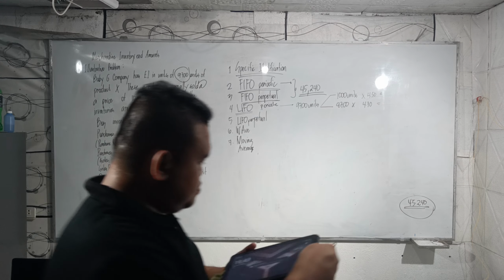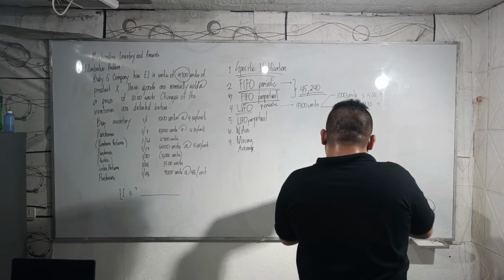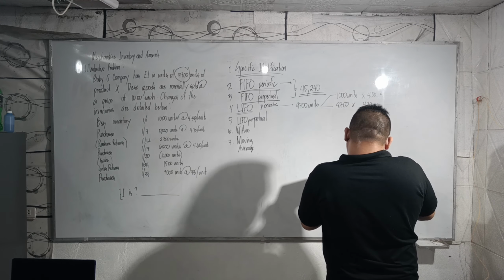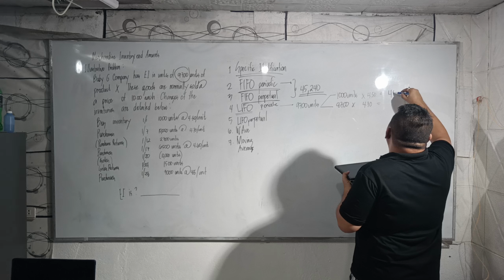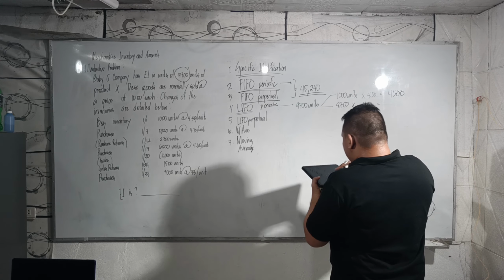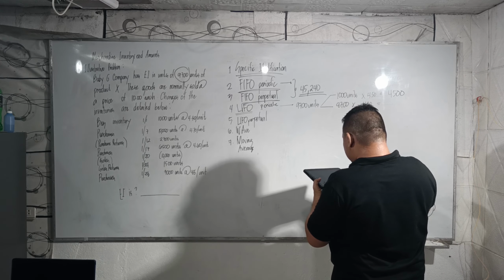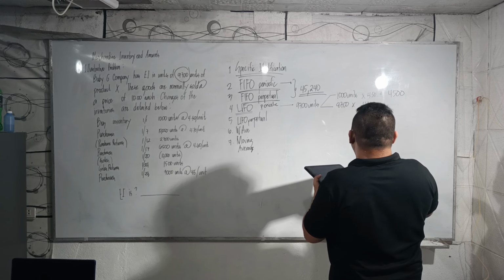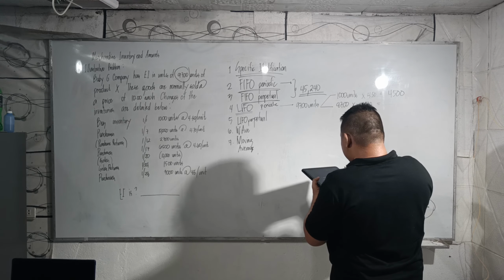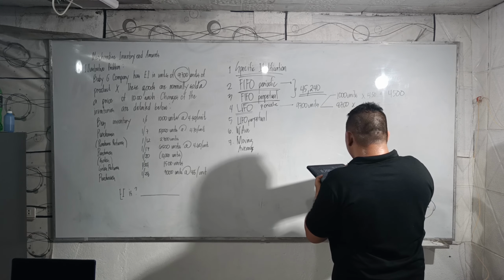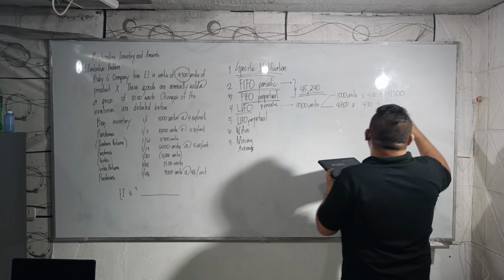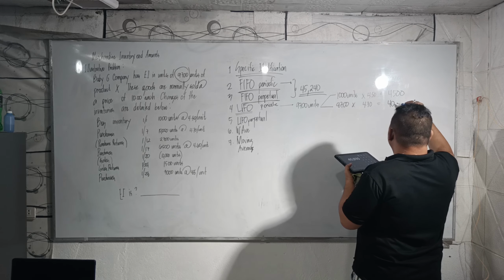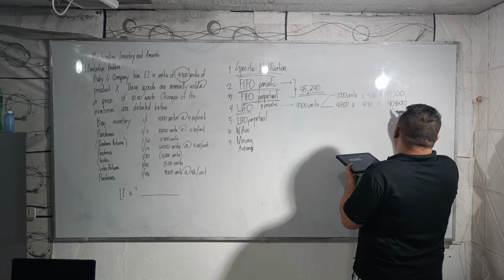So let's compute. The first one is 4,500. And then the other one, 8,700 times 4.7 is 40,890.